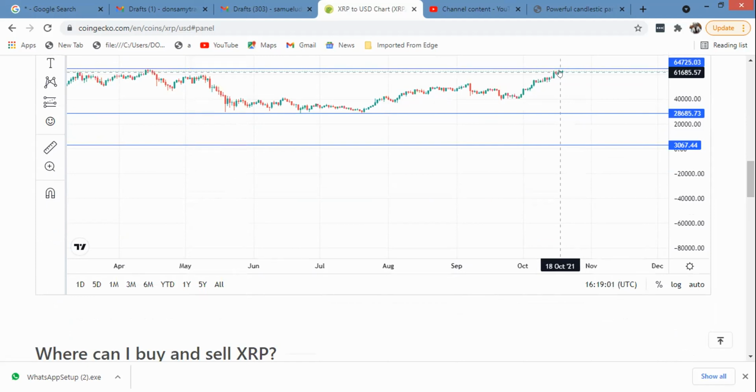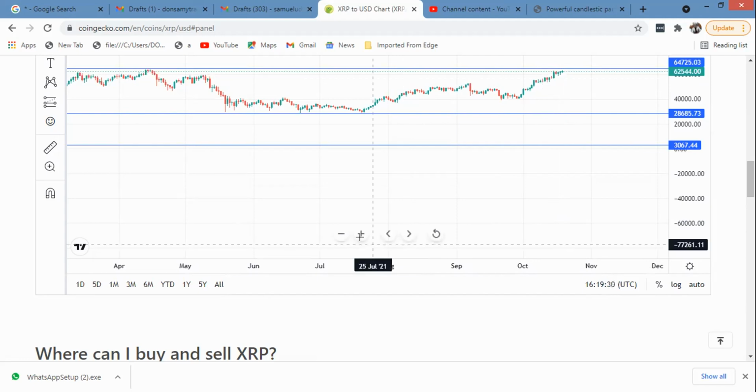This one's 18th, yesterday. This one 17, this one 16, this one 15, this one 14, this one 13, 12, 11, 10, 9, 8. So you can see each of these candles is what the price did for one day.